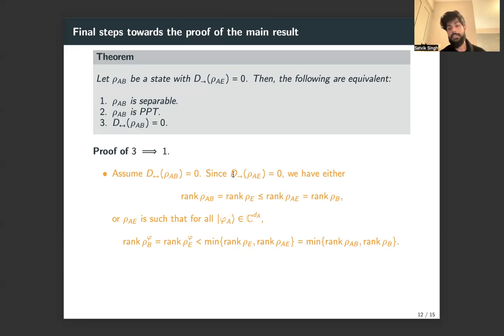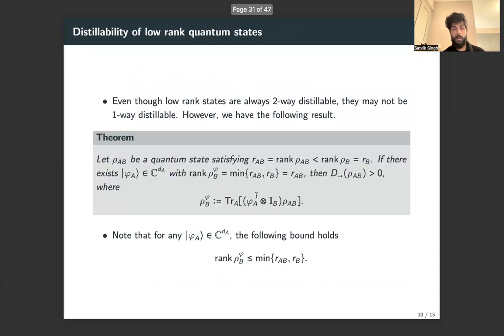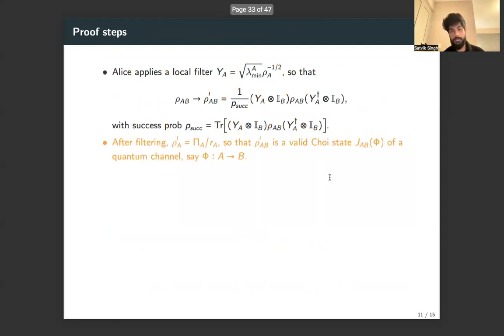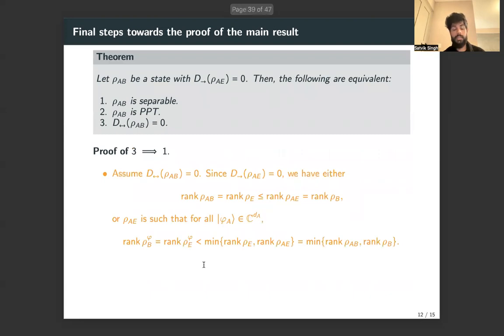So since we assume that rho AE is one-way undistillable, we must have either that rho AE is not low rank, or it might be the case that for all pure input states on Alice's side, the second rank constraint that we assume gets violated. So the previous theorem requires these two conditions together, and if we negate this, we get an OR negation. Either this is not true, or the second constraint is not true, which is precisely what we are showing here.